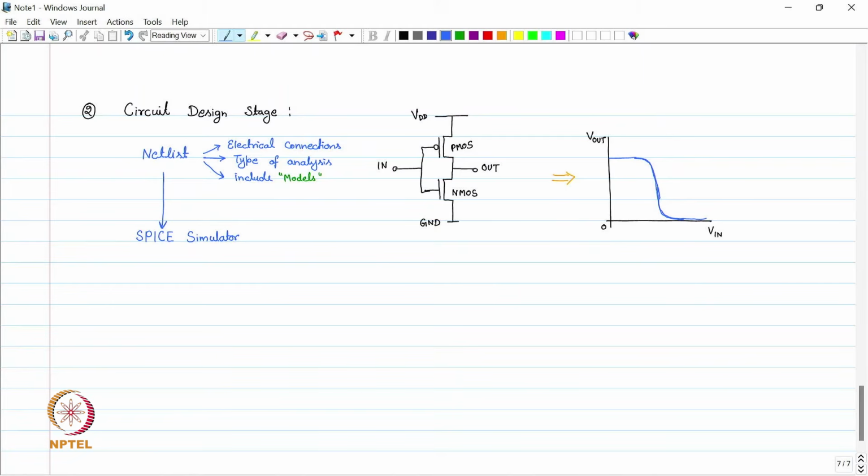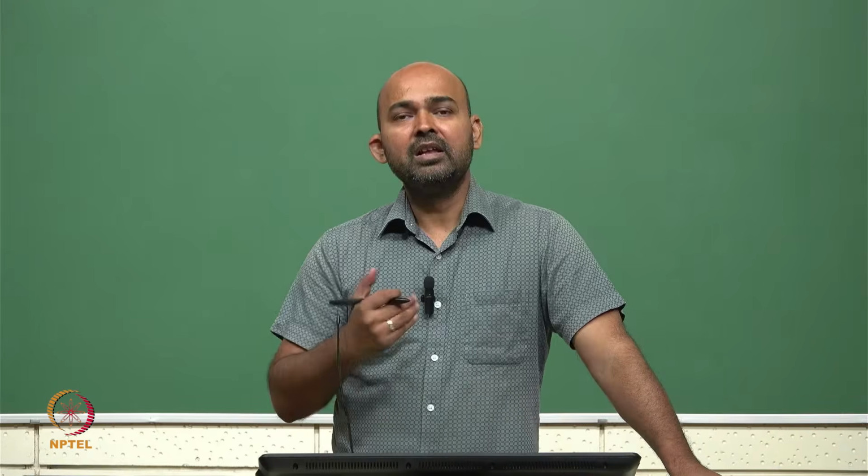So once we achieve the specifications which we want from a circuit, the next step for the circuit design is the layout design, which we are clubbing here in the circuit design itself.